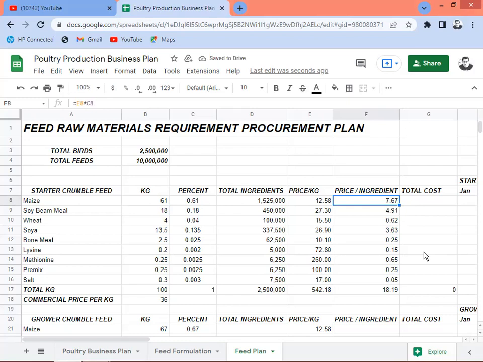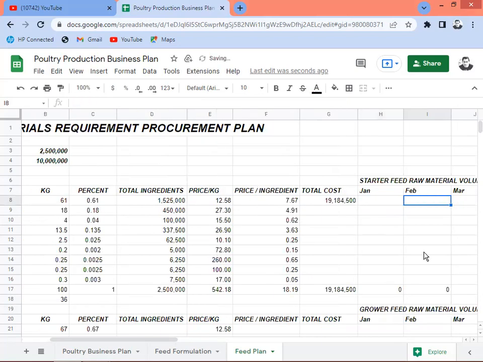So for the total cost of the volume that we're producing, you convert that to money, so that we know how much we're going to spend, or how much we're going to plan for our financial budget. What we're going to do is multiply the price per kilogram by the total ingredients.